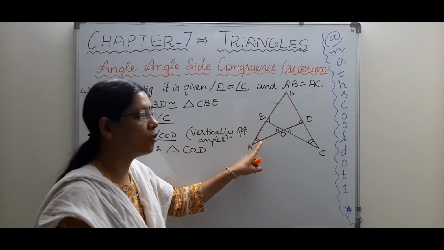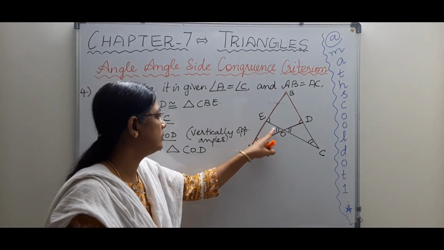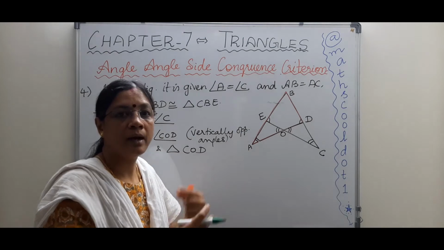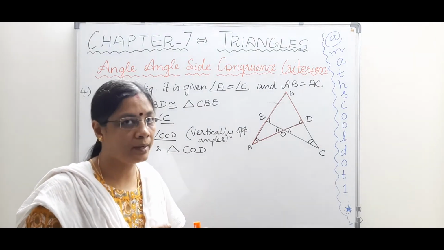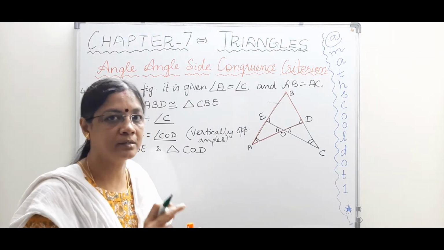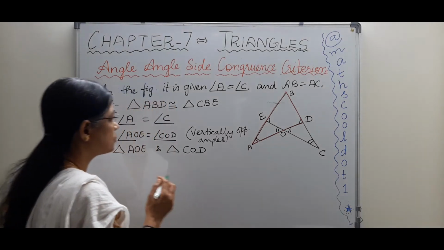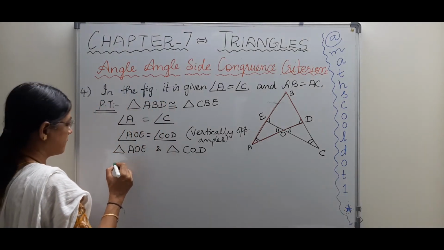We know that according to the angle sum property, the sum of all angles in a triangle is 180 degrees. So how do we write that?